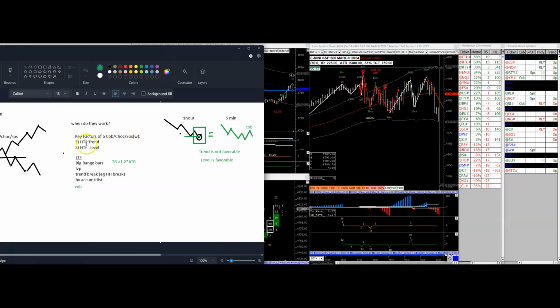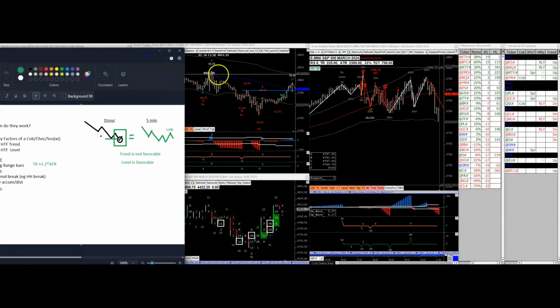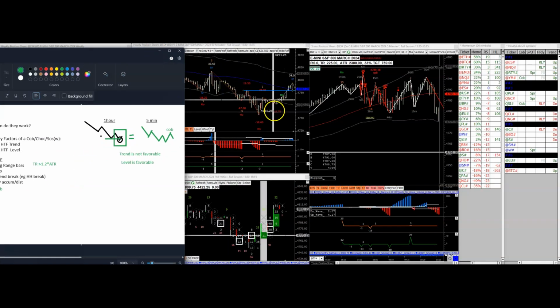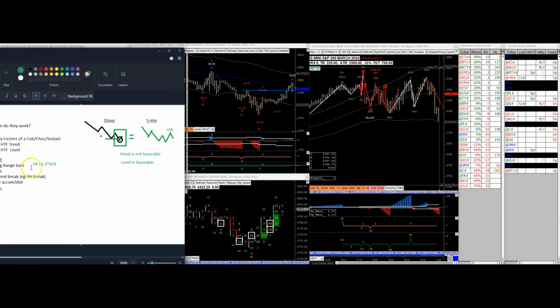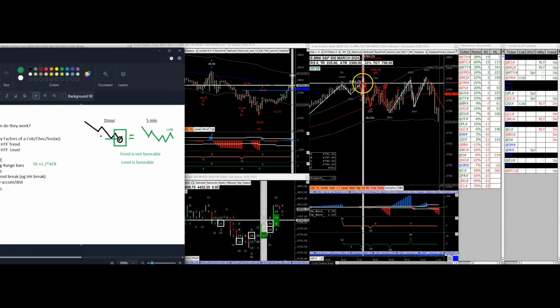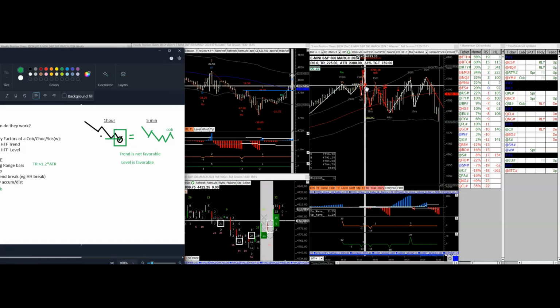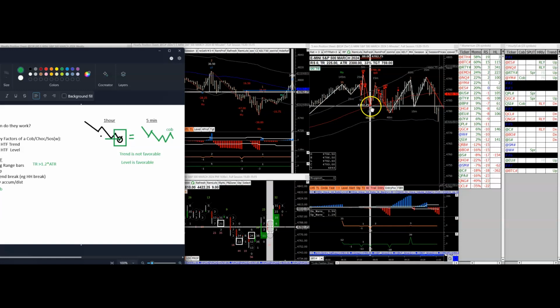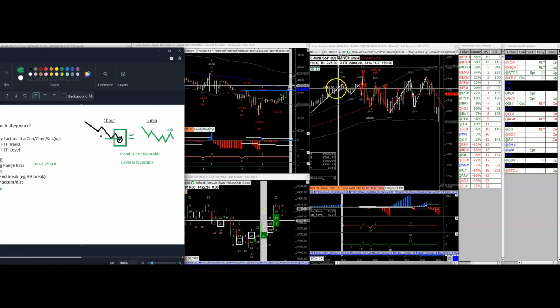You can see the higher time frame factors of trend and level on my side. Lower time frame factors, big range bars right here, 100, 100. It's a done deal. This puts all the probabilities on my side. And then I have a trend break and I have distribution, as I showed you on the profile right there.